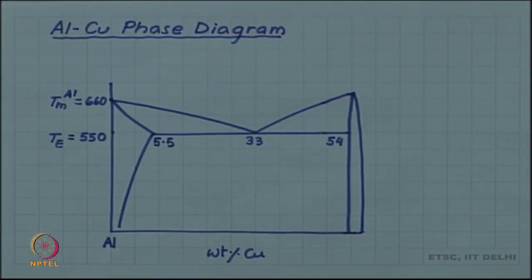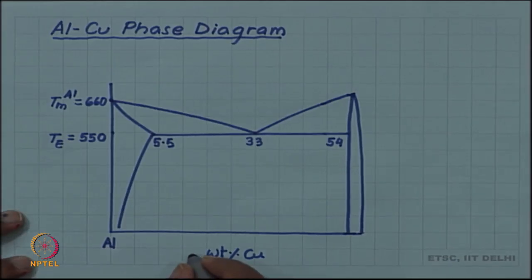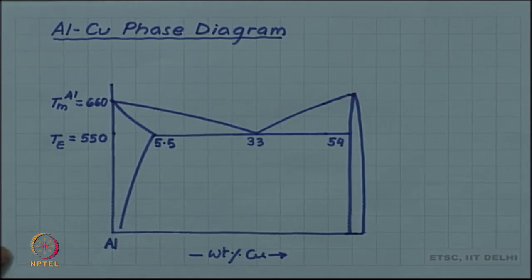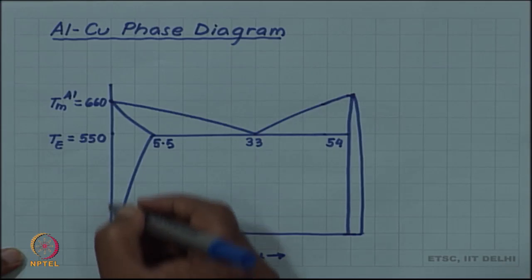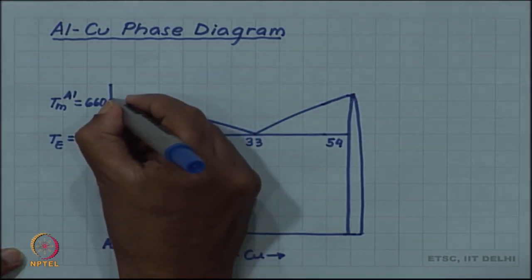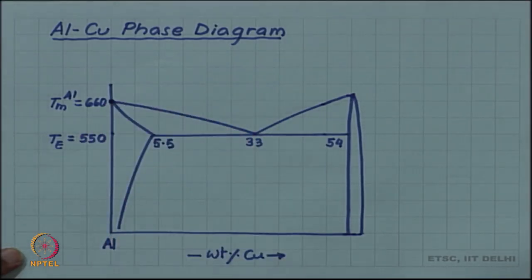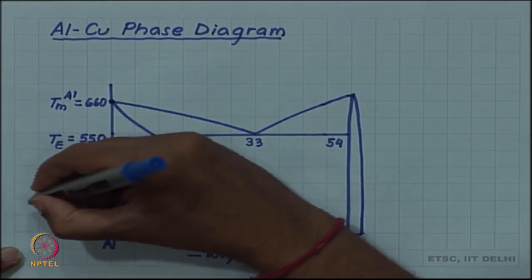First of all, look at the aluminum copper phase diagram. It is very important when discussing any alloy to look at its phase diagram. In an aluminum copper phase diagram, this left axis is the pure aluminum axis, and the melting point of aluminum, 660 degrees Celsius, is listed there.